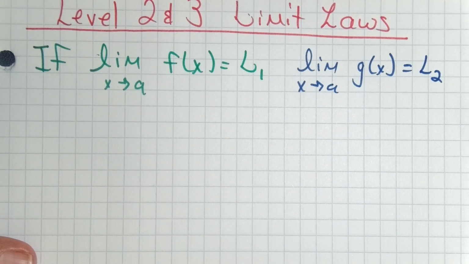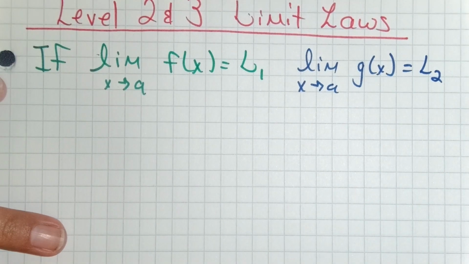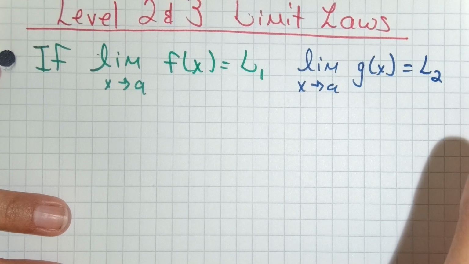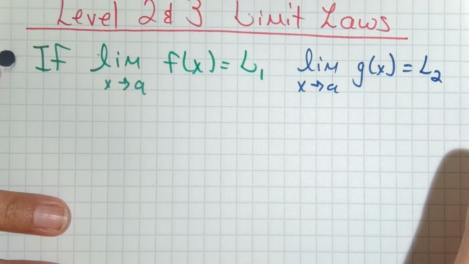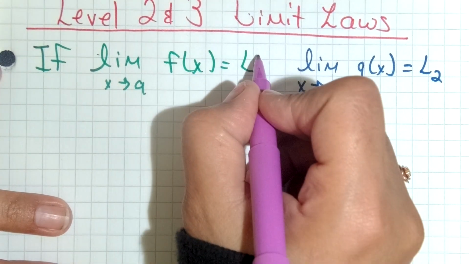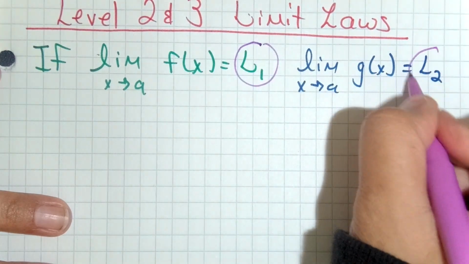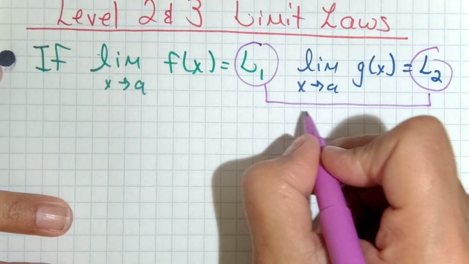We have to make sure that we're stipulating these, because they have to exist in order for us to do them. So these two things are limits that exist.